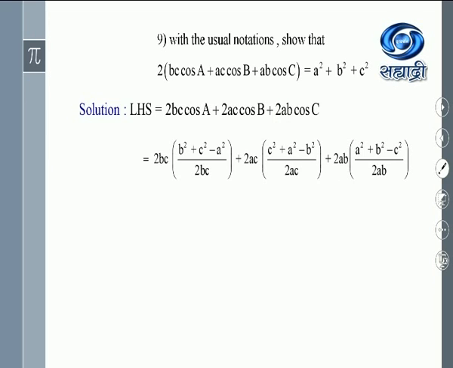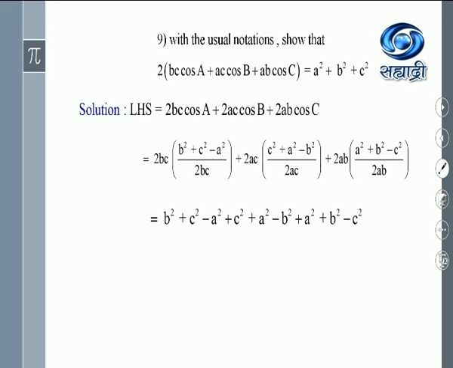Similarly, 2AB as it is and the cosine rule for cos C, which is A square plus B square minus C square upon 2AB. So, all the three terms cos A, cos B and cos C we replaced using the cosine rule. Now, see this 2BC and 2BC gets cancelled, right? 2AC and this 2AC also gets cancelled. 2AB and 2AB as well.